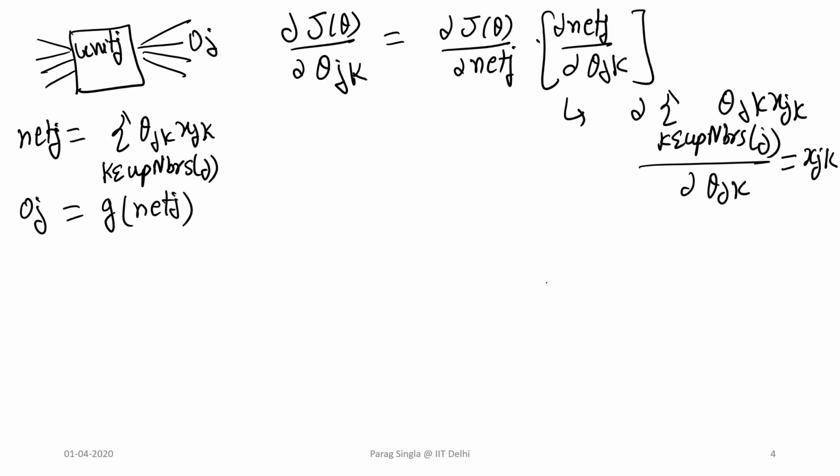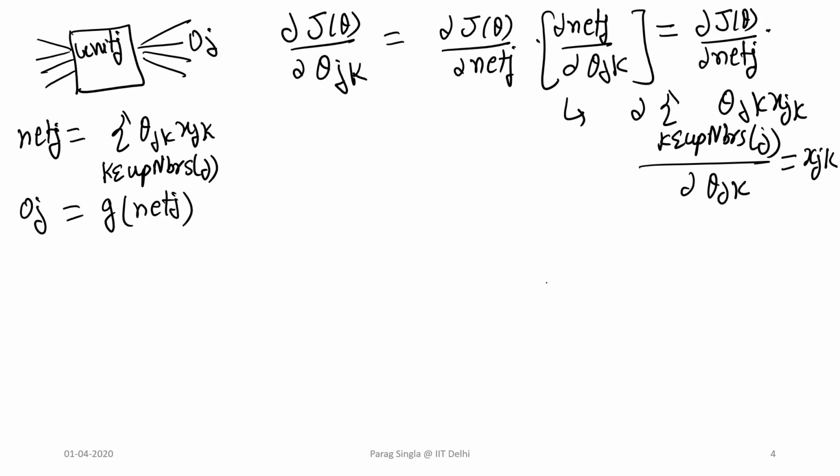I hope that is clear. Therefore this derivative, the derivative of J(theta) with respect to theta jk, can be written as the derivative of J(theta) over net j.